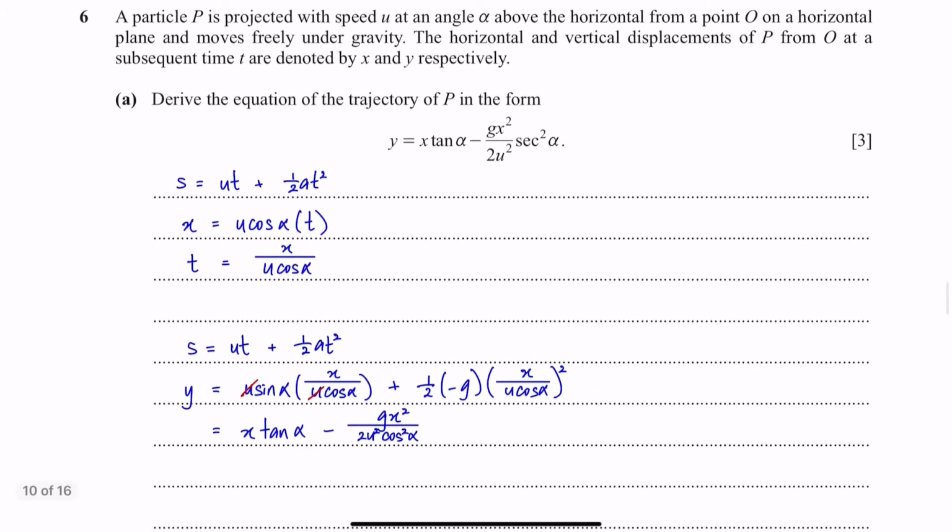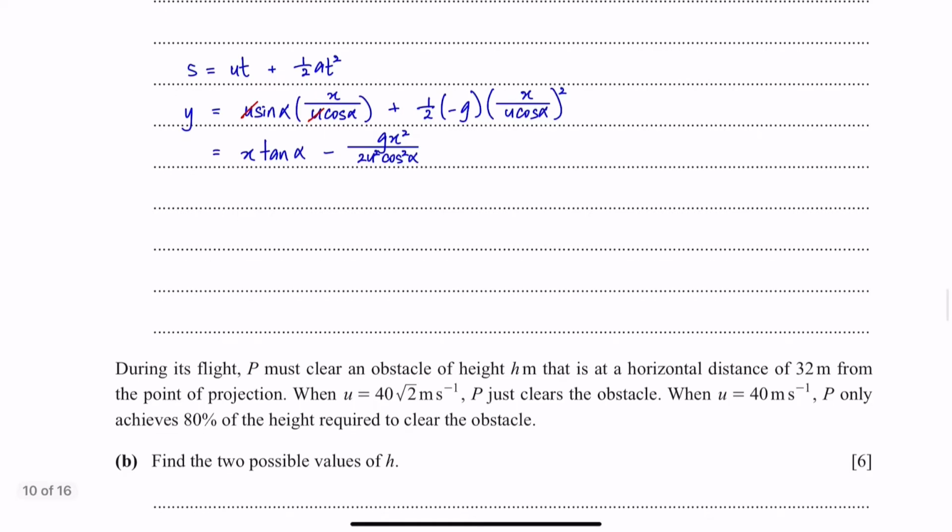But they want it in terms of secant, so 1 over cos squared alpha is equal to secant squared alpha. So I can write this as x tangent alpha minus gx squared over 2u squared times secant squared alpha.